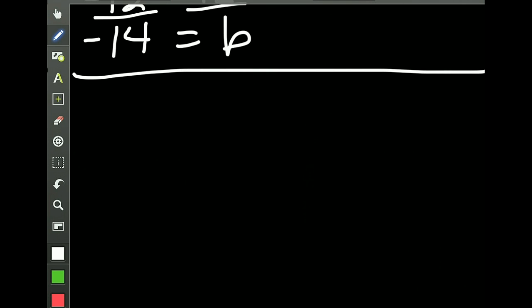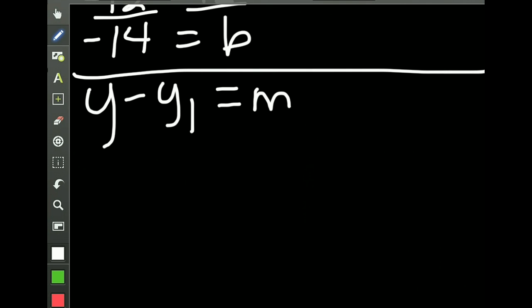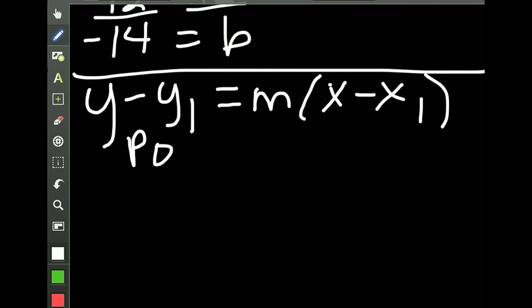Isn't it y equals x1? Oh, no. Sabina? Is it this one? y minus y1 equals m times x minus x1. Perfect. Okay, that is point slope form.